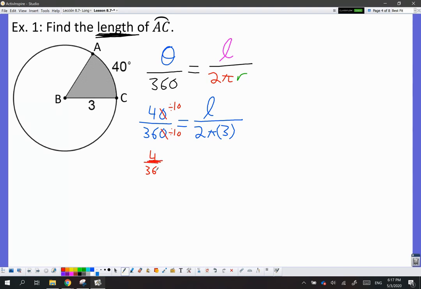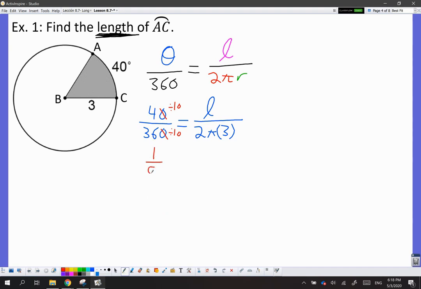But 4 over 36 can be reduced further because I can divide the top and the bottom by 4. 4 divided by 4 gives me 1. 36 divided by 4 gives me 9. So the fraction I can use here instead of 40 over 360 is 1 over 9.